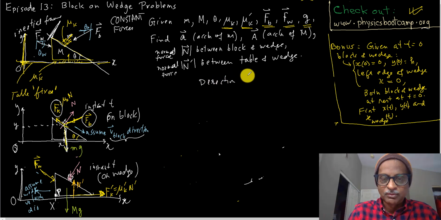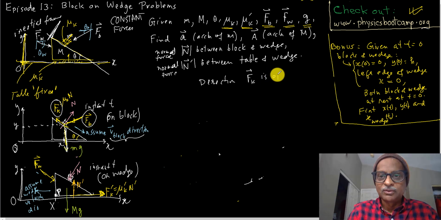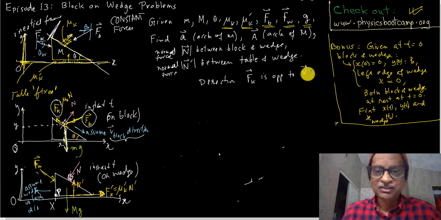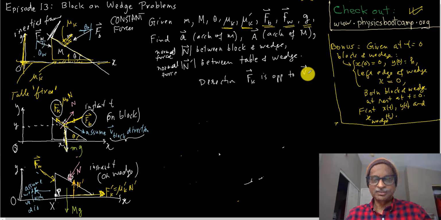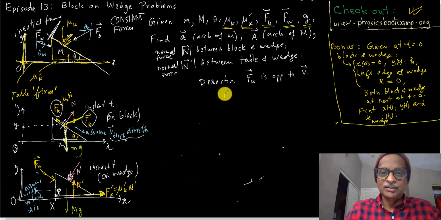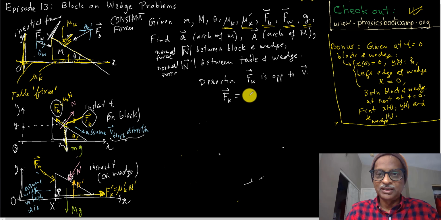The direction of the kinetic friction force is opposite to velocity, and that makes it a little bit difficult to write this analytically. So the Fk direction is going to be minus velocity over the magnitude of the velocity.